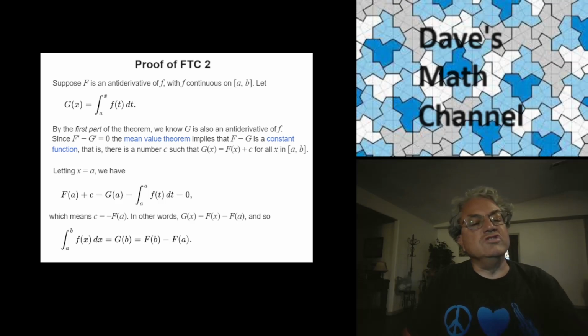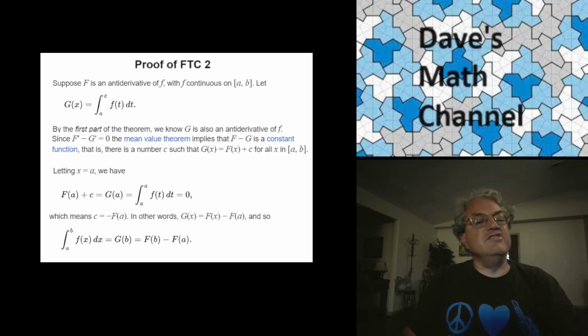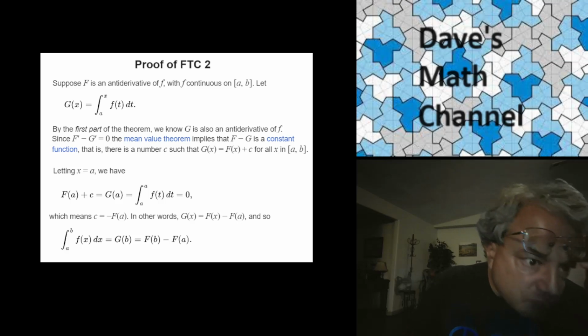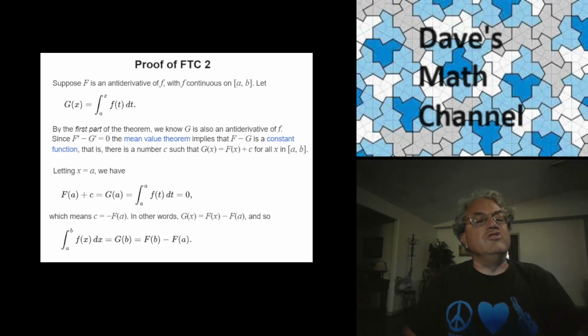Since capital F of x is an antiderivative, we know that at least up to a constant, it's equal to, how does this work? I forget how this works. Yeah. Well, we already proved one version of the fundamental theorem of calculus, right? We proved that the derivative of G, the way we define capital G, we know that G prime is equal to little f.